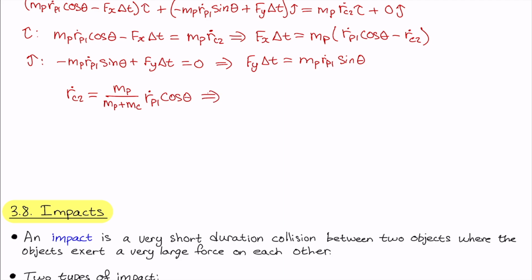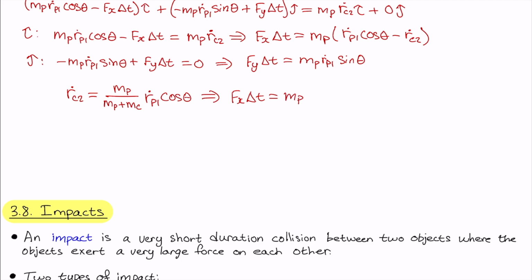And then we plug this into the impulse for Fx delta t. And we're going to find here, we can pull out an m_p and an r_p1 dot cosine theta.